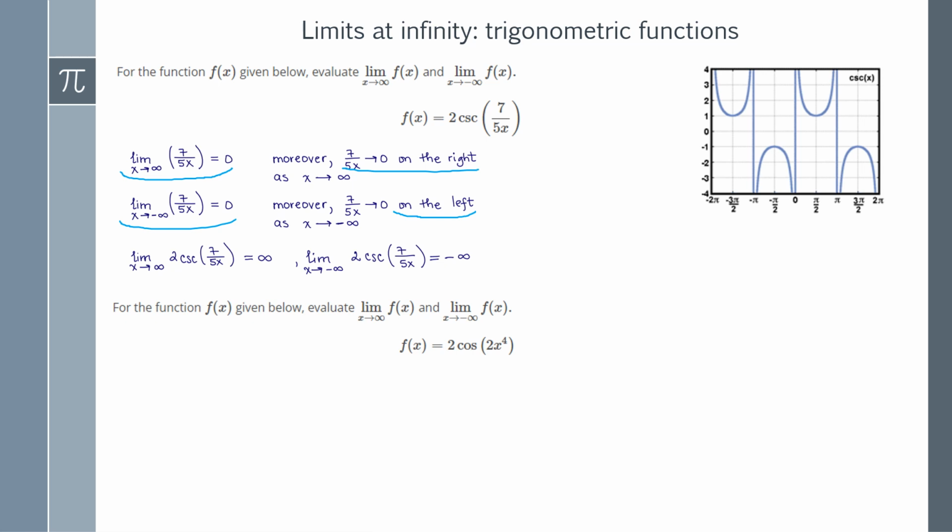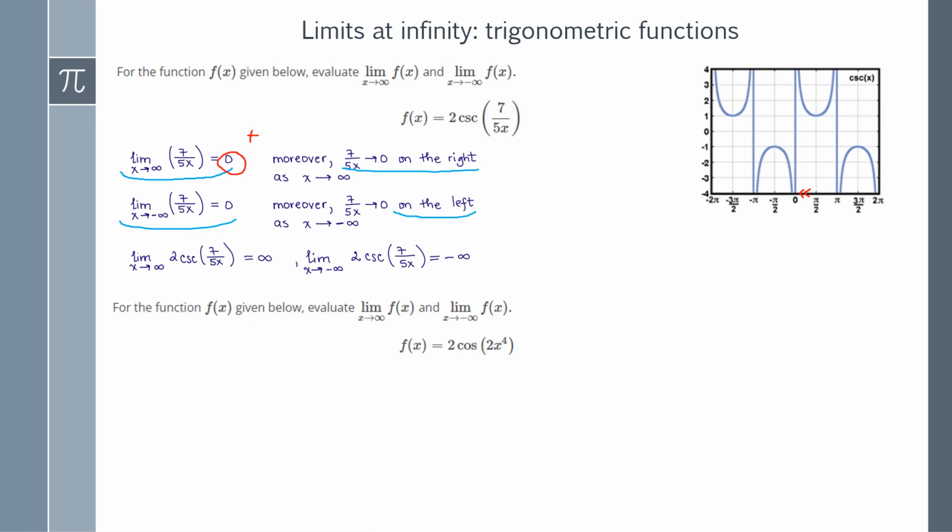on the left. Okay, so now we can take a look at the graph of cosecant and see what happens as we approach 0 on the right side. Well, what happens here? So approaching 0 on the right side, so that would be over here. We're coming to 0 from the right.